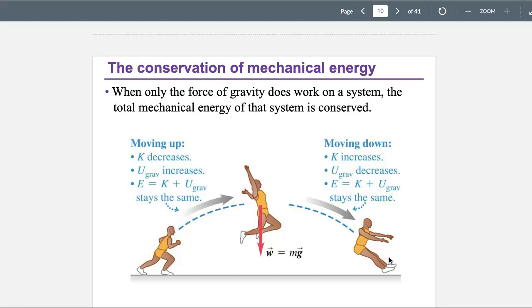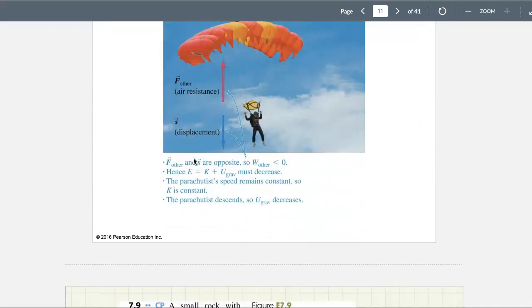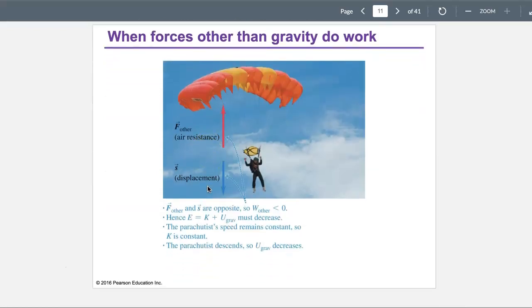Then he or she is going to move to a highest point where they have the maximum gravitational potential energy, but maybe also a little bit of kinetic, and then they move down. At any instant, I will find that the kinetic plus the gravitational potential energy is equal to a constant.